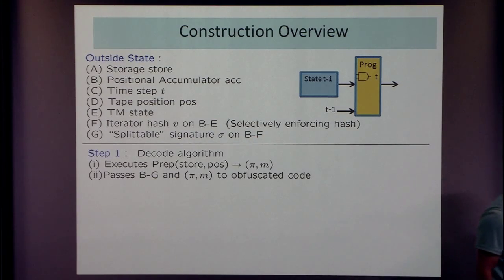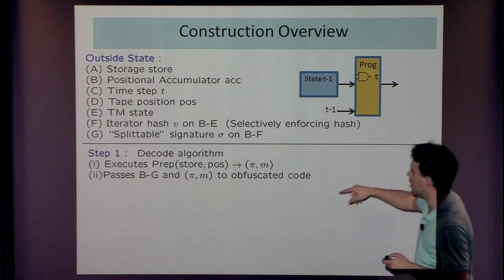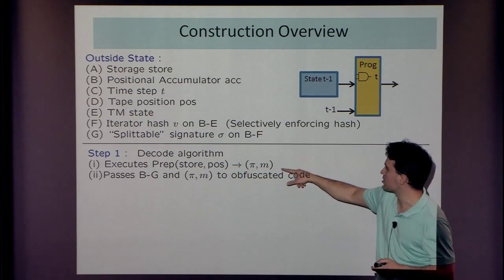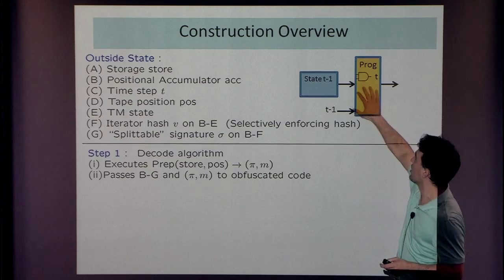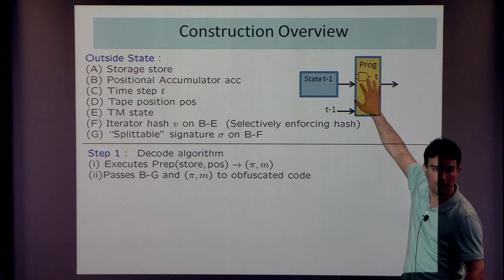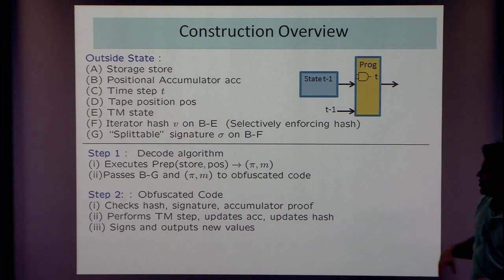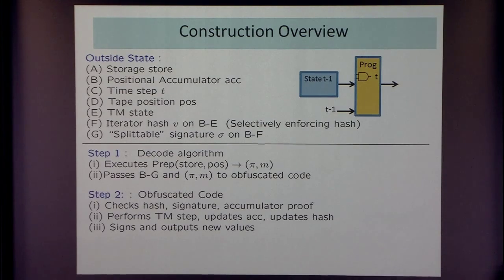Okay? And at each step, the decode algorithm will first read at position POS, get the proof pi and m, take all this junk, and pass it to the obfuscated program. The obfuscated code will then essentially perform a Turing machine step. It will first check the hash, the signature, and the accumulated proof, and reject if any of these go badly.